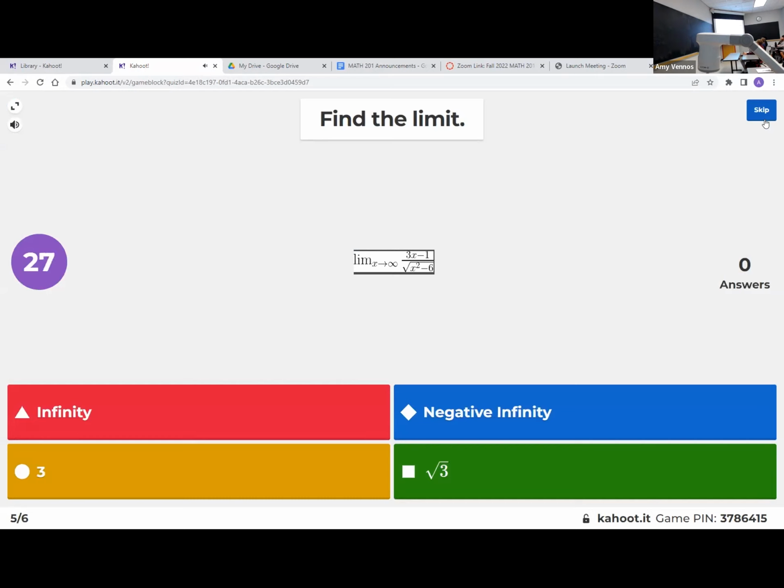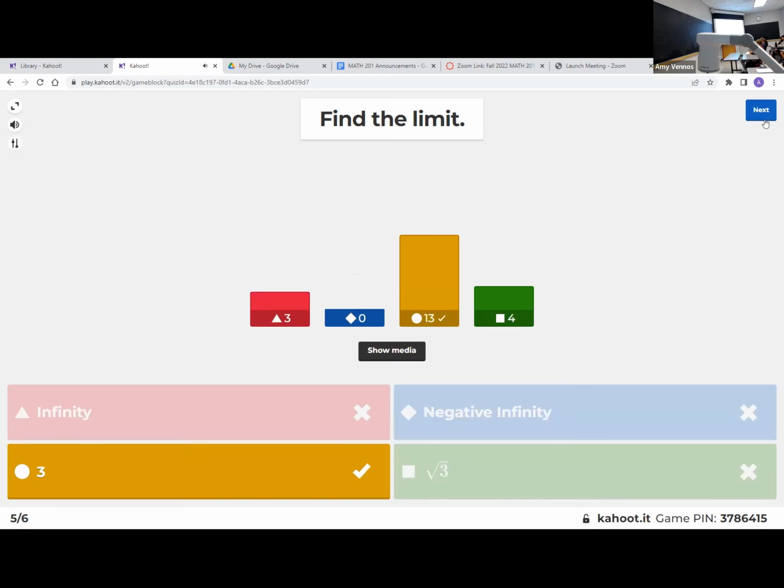Oh God, you can barely see it. It's 3x minus 1 over the square root of x squared minus 6. All right, looks good.